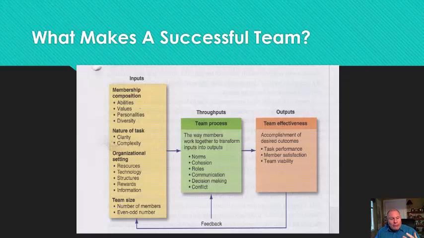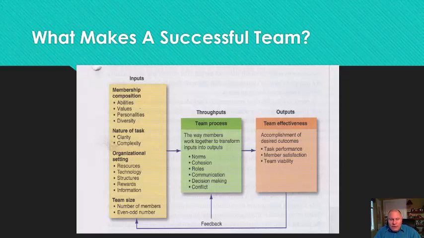How do members transform from being a group into a team? Number one, there's norms. How are we going to behave? There's cohesion. Everybody in the group sees things the same way. Roles are clear. Communication is present. There's a process for decision making. There's a process for conflict.